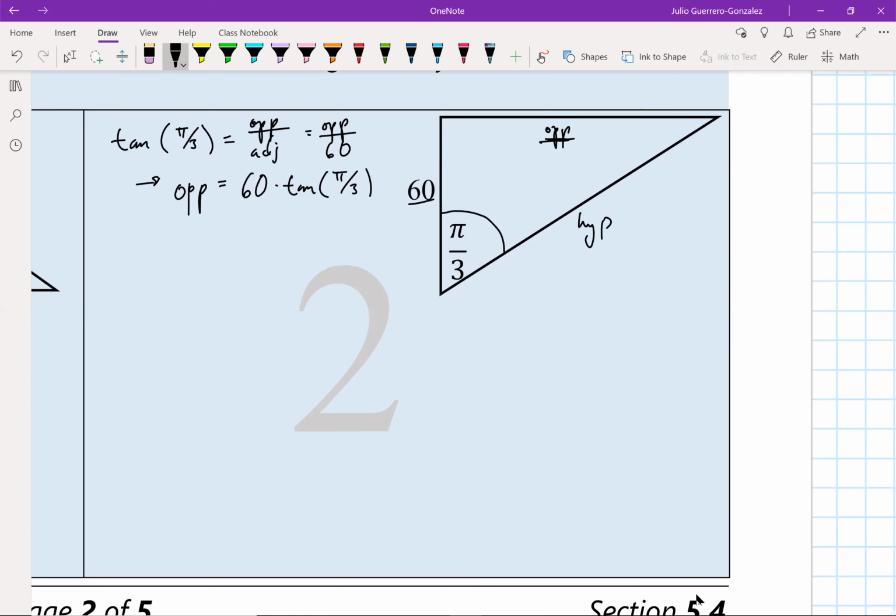We see that sine is root 3 over 2, and cosine is 1/2, right? So this is equal to 60 times sine of pi over 3, which is root 3 over 2, divided by cosine, 1/2. And if you do this right, 60 times square root of 3.